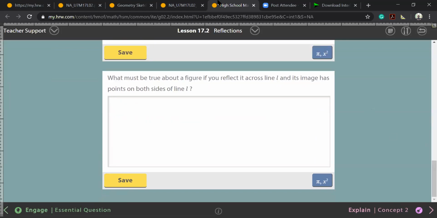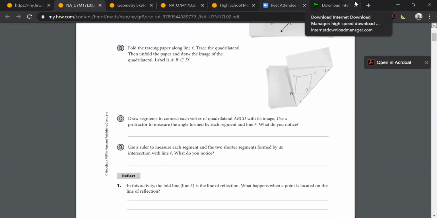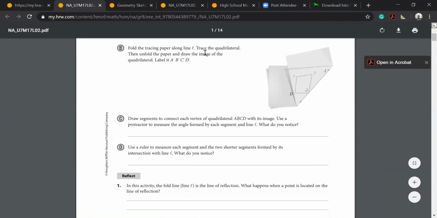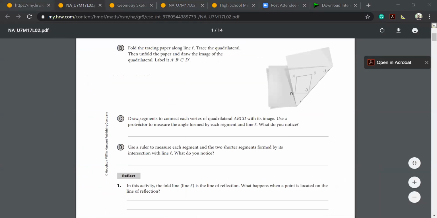Okay. Let's go back to our student edition and start solving from it. In point C, you were asked to draw segments to connect each vertex, using a protractor. What do you note about the angle formed by each segment and line L? We note that the angle is 90 degrees.